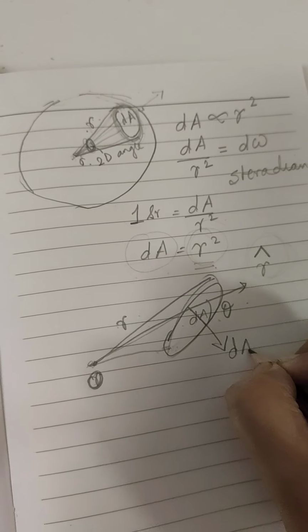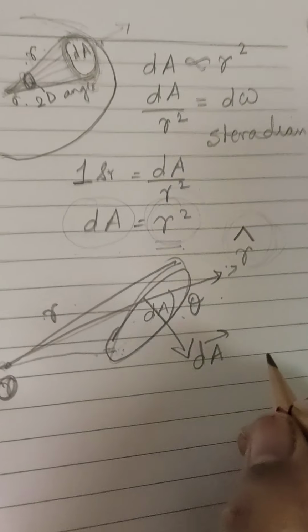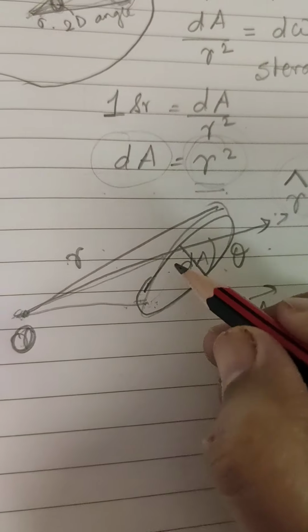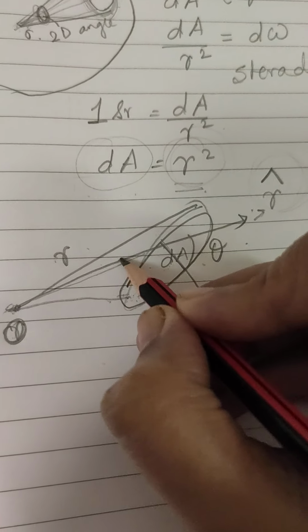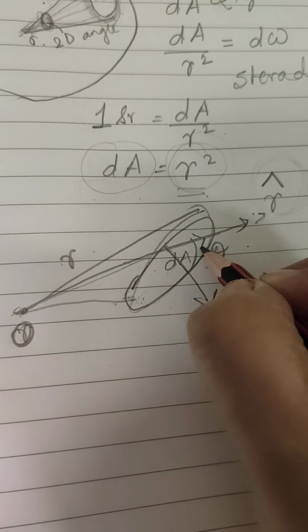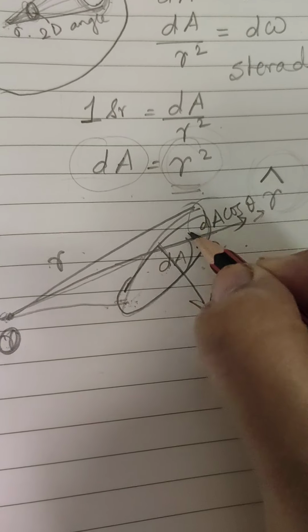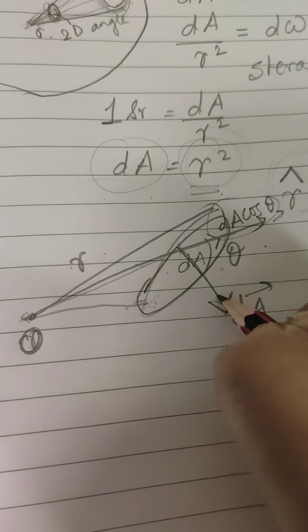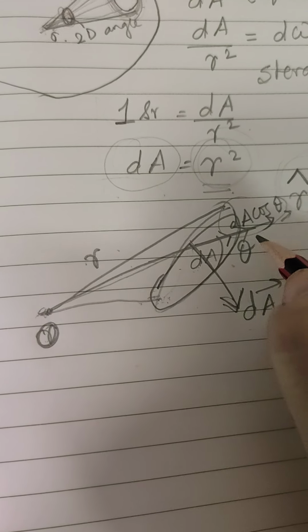This is dA and this is r cap. Okay, dA and r cap. So I want the component of dA in the direction of r cap so that it solves my purpose. So this is dA cos theta. This is dA and this is the component of dA in the direction of r.